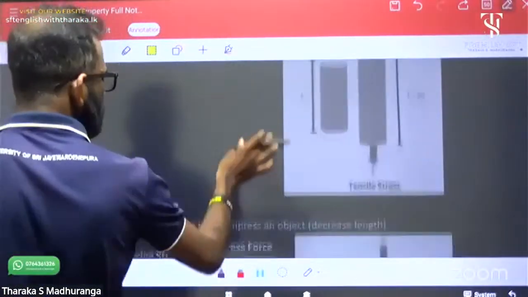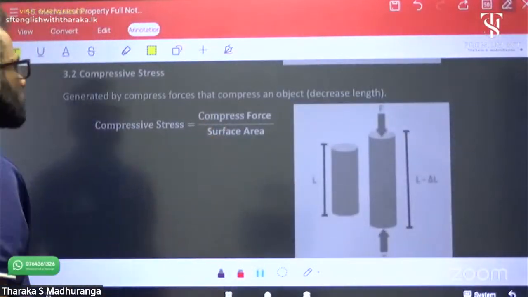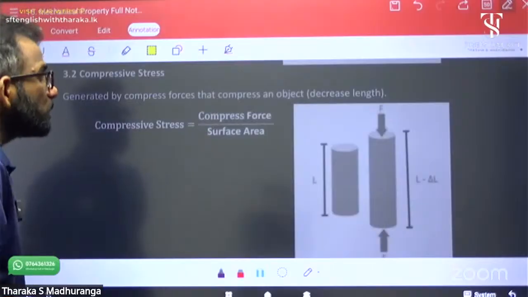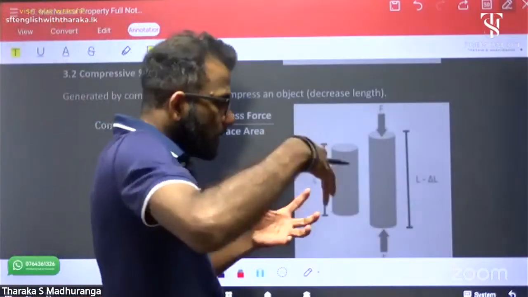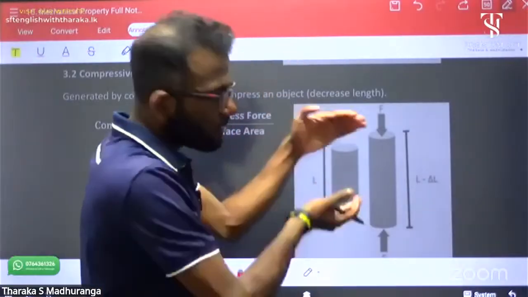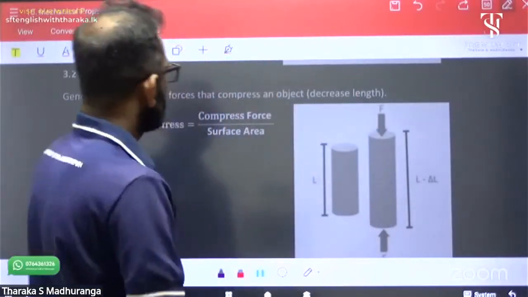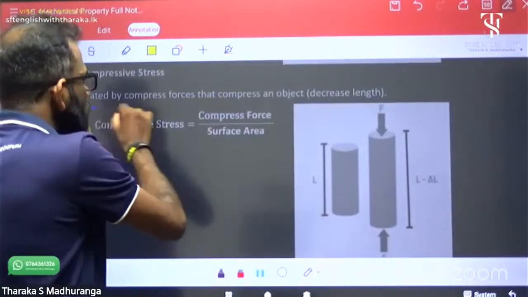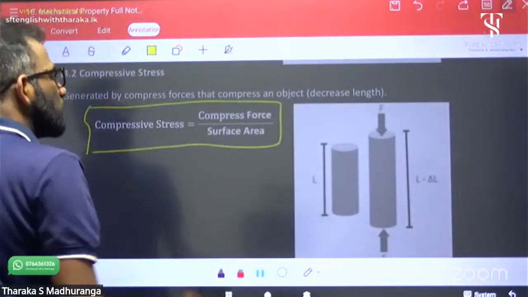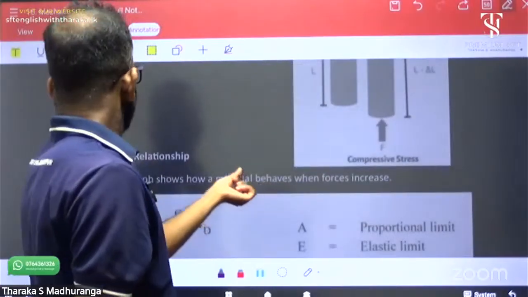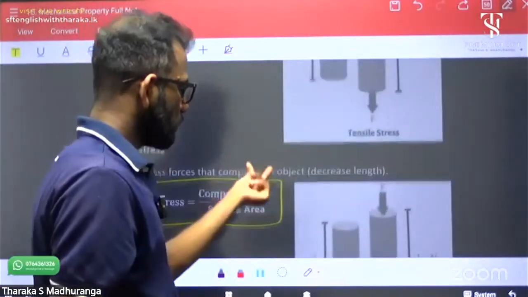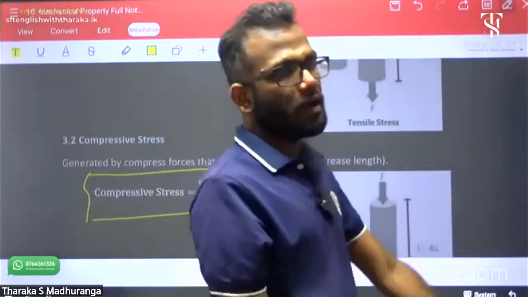Compressive stress is generated by compressive force that compresses an object and decreases its length. Perpendicular compressive force divided by cross section area is the compressive stress. Okay, that's the basic part.